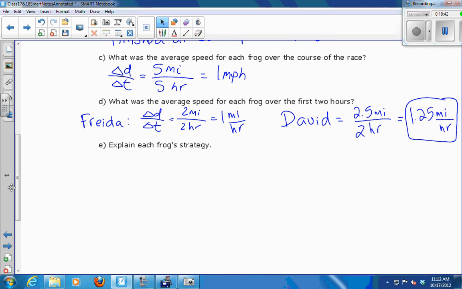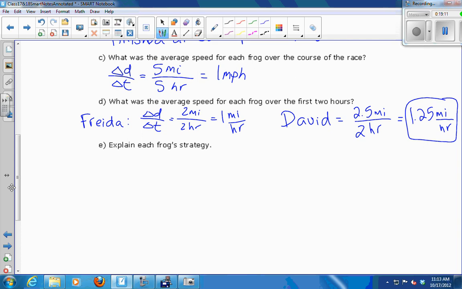So what was each frog's strategy? Yep, great. Frida had a constant speed, slow and steady. And David went fast and then slowed down and rested and then went fast again.